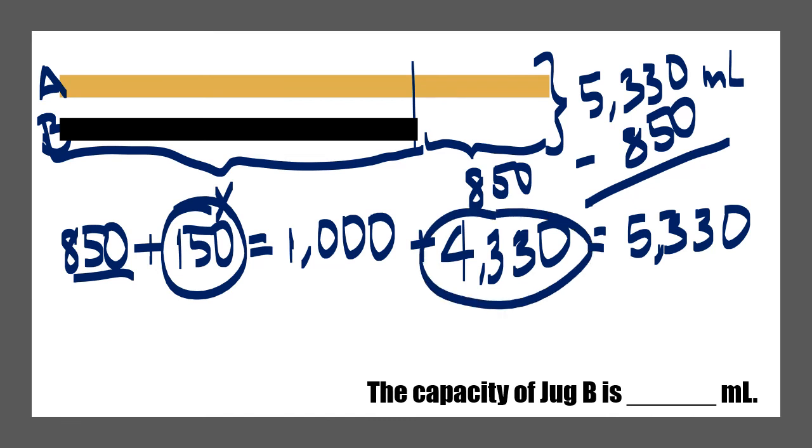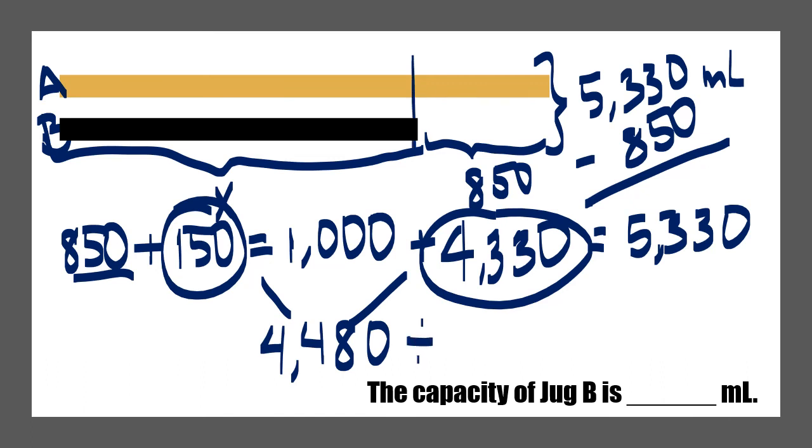So put those two together. Now you have found that those together is 4,480. So that means that between bar A and B, the parts that are the same length, these sections right here, is 4,480.